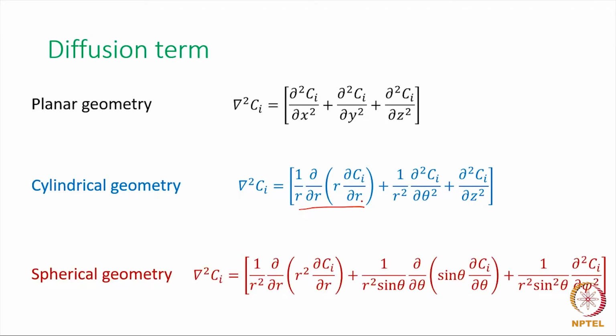And for the spherical geometry, which is also not very uncommon, usually the radially outward diffusion of species i is considered, and for that the very first term is what is important. So this term is important, and the remaining terms are very rarely used in most of the problems at the undergraduate level, where we are trying to solve the problems on pen and paper.